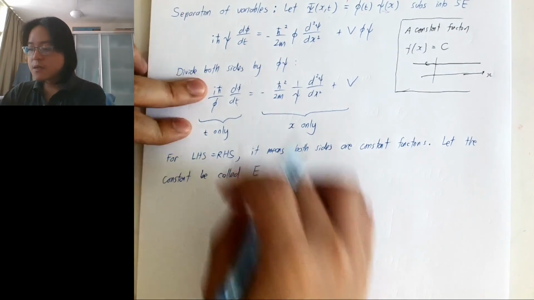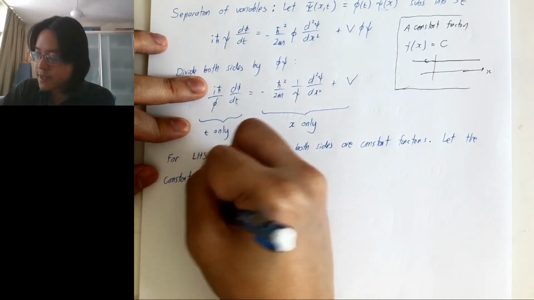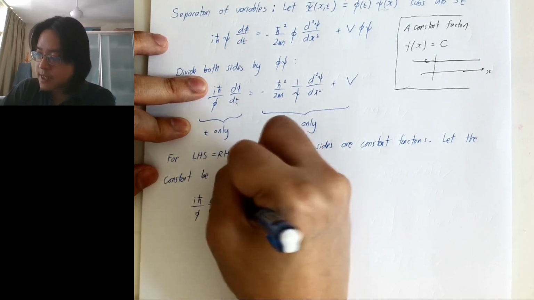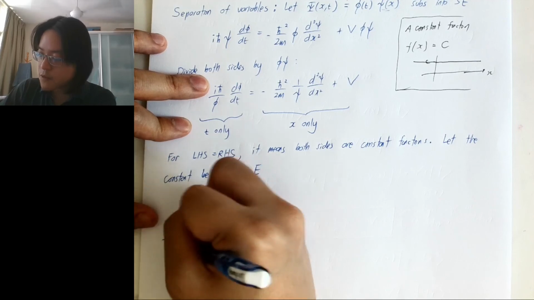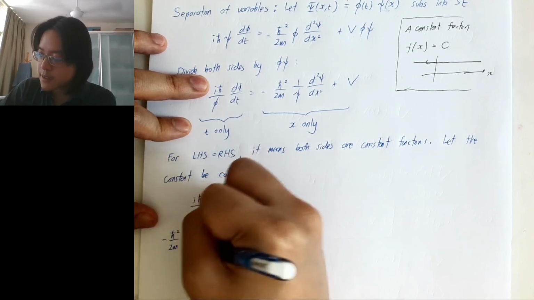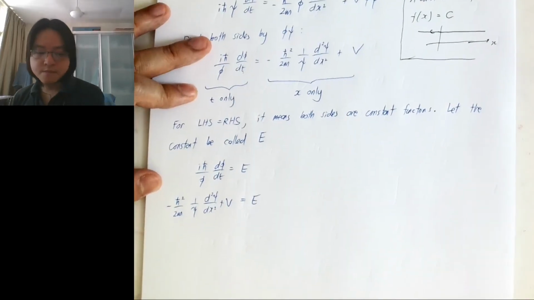So in other words, what we have here is i h bar (1/phi) d phi/dt is equal to the constant E, and also negative h bar squared over 2m (1/psi) d squared psi/dx squared plus V is also equal to the same constant.